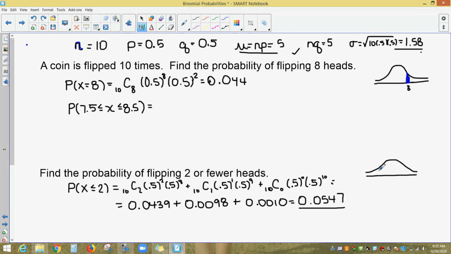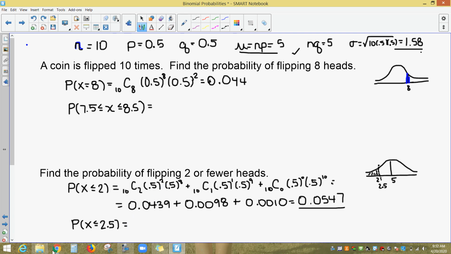Down here, our mean is 5, so 2 is here to the left. If I want 2 or fewer, I have to make that area half a unit bigger. I'm going to leave it all black right there. So we're going to have to find the probability that x is less than or equal to 2.5 by turning 2.5 into a z-score and then finding that area to the left.